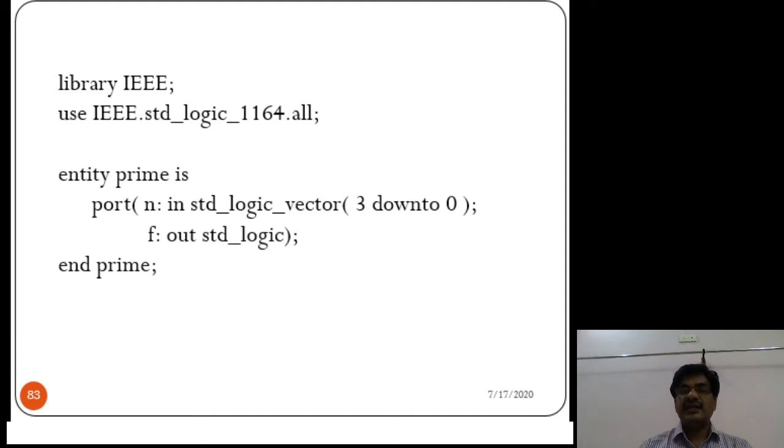Here we do not write the entity directly. Before that we write two statements: one is library and another one is use. Do you know why these two are used? The purpose of library and use is to get explicit visibility.